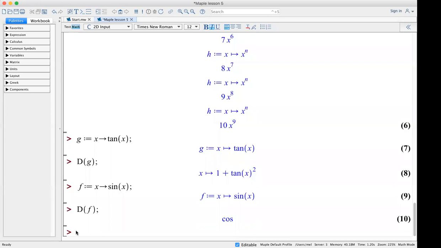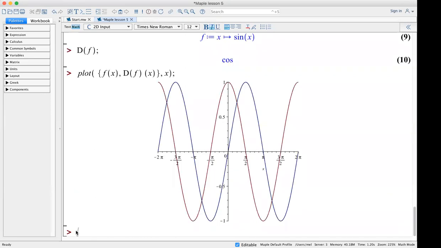Let's plot the two curves together, the function and its derivative. So we plot together f of x and the derivative of f at x. And that's what it looks like.